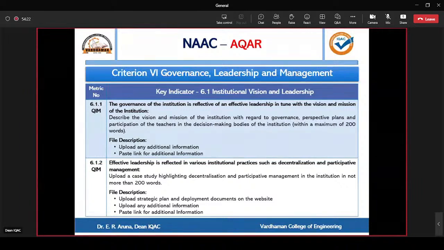For the academic and administrative committees, we have to strengthen them. To strengthen the administration, senior faculty members are deputed to attend various capability building programs. So they have to be trained and involved in these committees. The various committees which come under this decentralization, I'll let you know in the next metric.